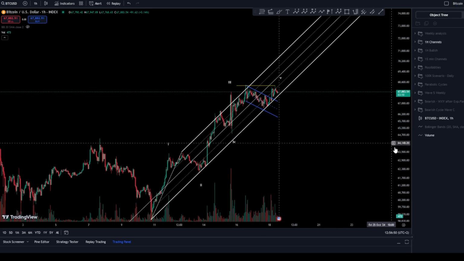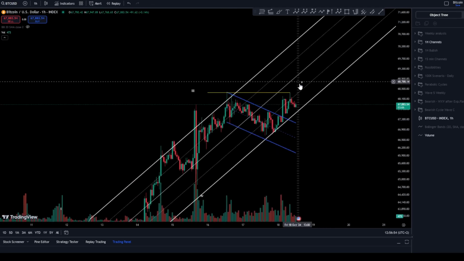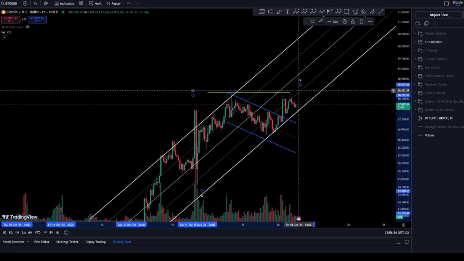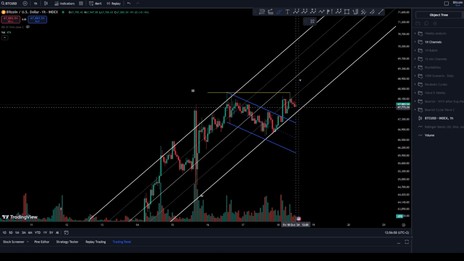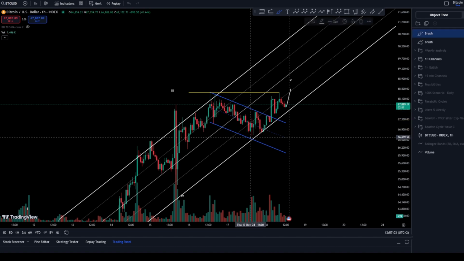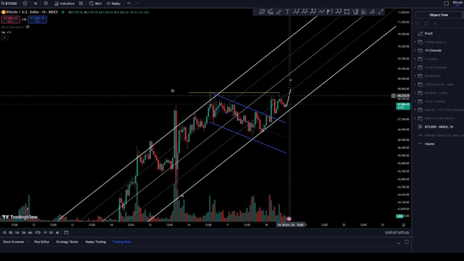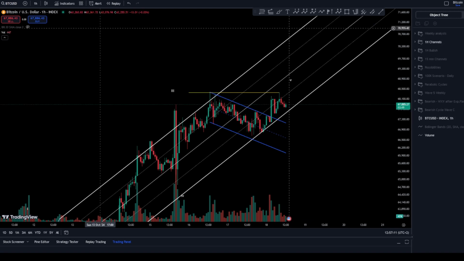It will not be very strong. Actually, it's going to be low because it's just a small continuation of this diagonal here as 1, 2, 3, 4, and a 5. So this is what we are expecting for today, possibly.